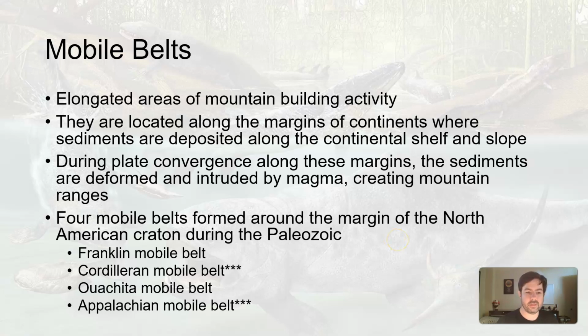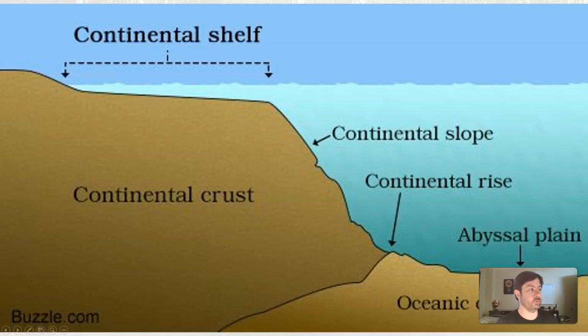Again, all of these tend to be, for the most part, at least initially, folded up sedimentary rock that originally was sediment deposited in the shallows of the ocean along the continental shelf and continental slope. Just a little reminder, this is a cross-section.